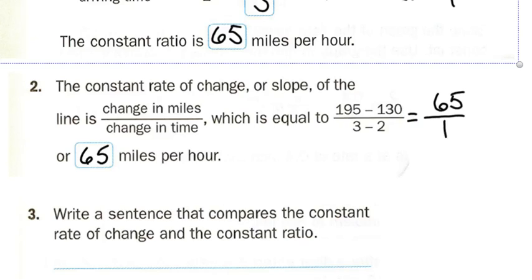Well, that sounds familiar. Number 3 says write a sentence that compares the constant rate of change and the constant ratio. Well, guess what? This is a pretty easy sentence. They are the same. So constant rate of change and the constant ratio are exactly the same idea.